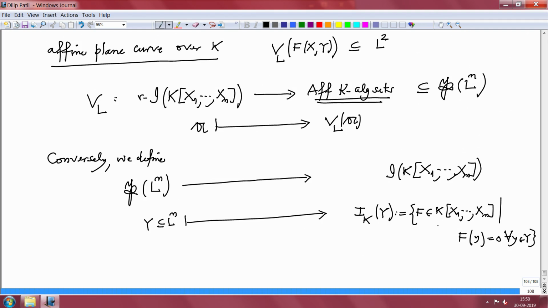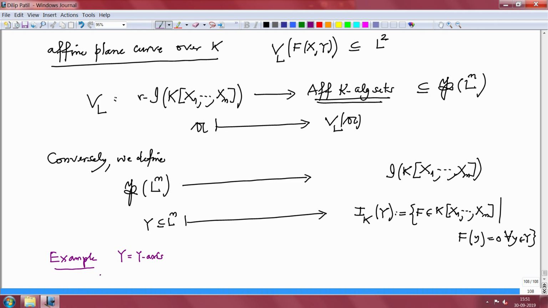I take all those polynomials which vanish on every element of Y. So, a little example. Let us take again Y equal to the y axis.